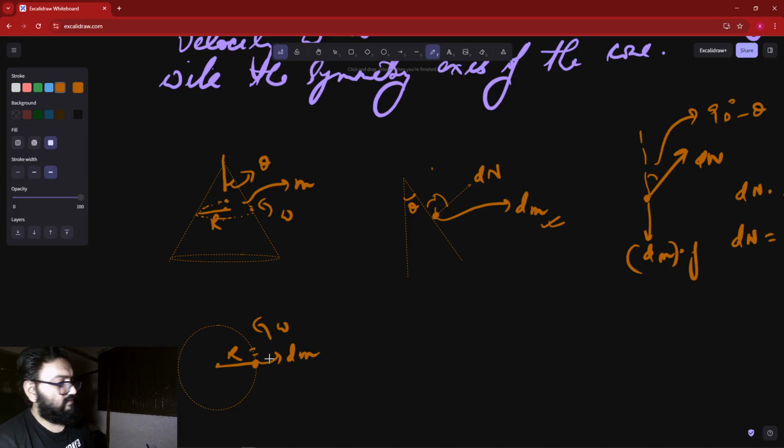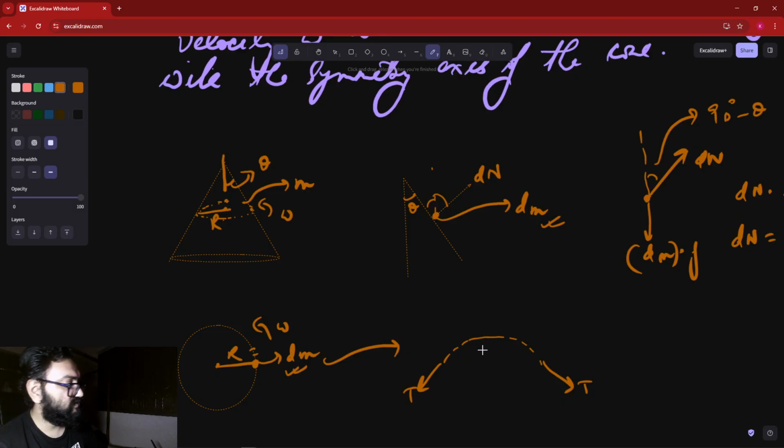If I look at this small segment dm from the top, if I zoom this segment out, it will obviously make a very small arc, something like this. There would be tension on the chain. Let's say this small arc subtends an angle equal to d phi at the center.